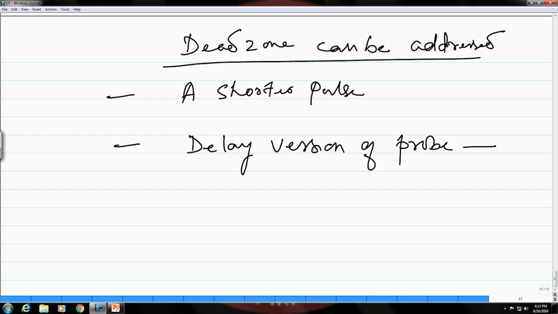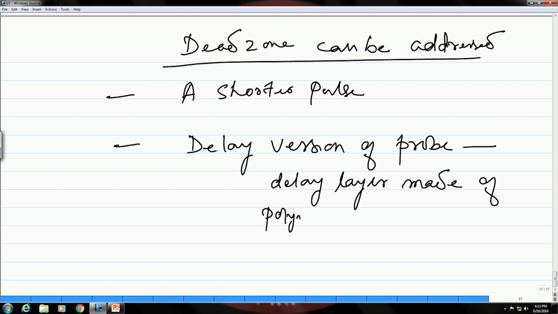So, in this kind of delay probe, there is a delay layer which is made of a different material, like for example, a polymeric material, in which the velocity of sound is lower.